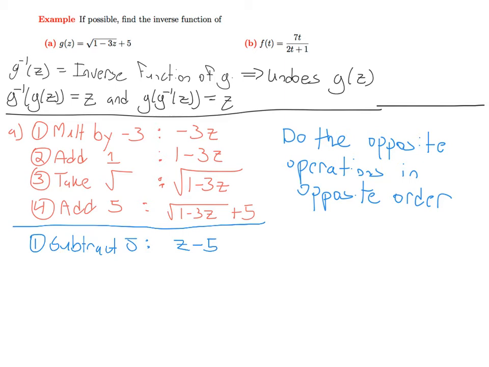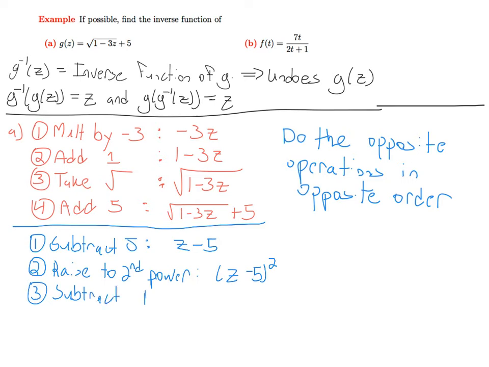Then we do the opposite of taking the square root, and so we raise to the second power. And so that would give us z minus 5 squared. Then we do the opposite of adding 1, which would be subtract 1. So that gives us z minus 5 squared minus 1.